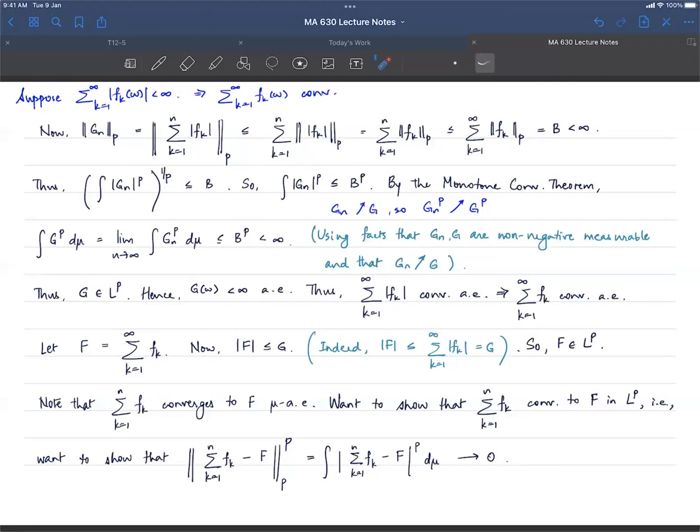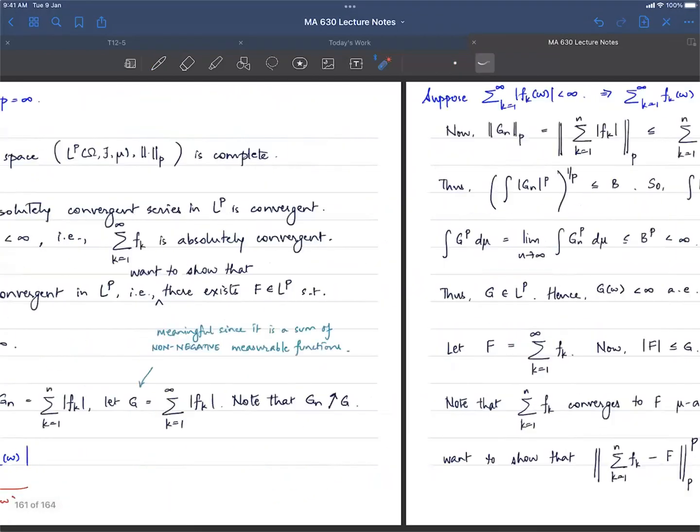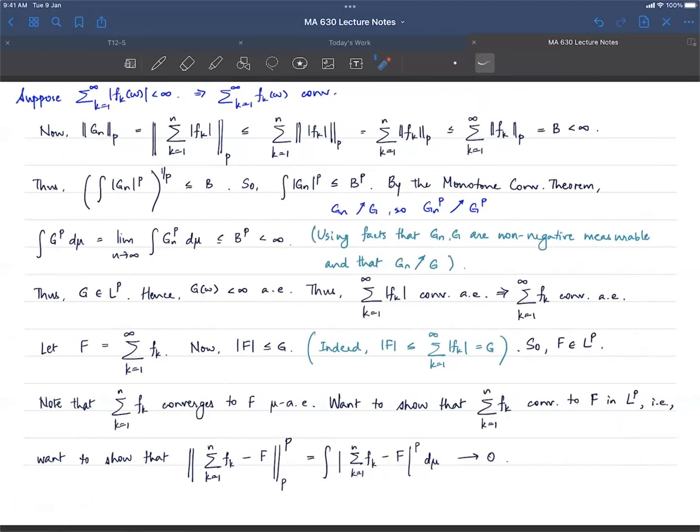Okay. Now remember that part of our job here was to identify a limit, right? So here's how we can identify a limit. We know the sum k going from 1 to infinity of mod fk converges almost everywhere. So by completeness of the real line, the sum k going from 1 to infinity of fk converges almost everywhere. That means this object is well defined, and this is our natural candidate for the limit.